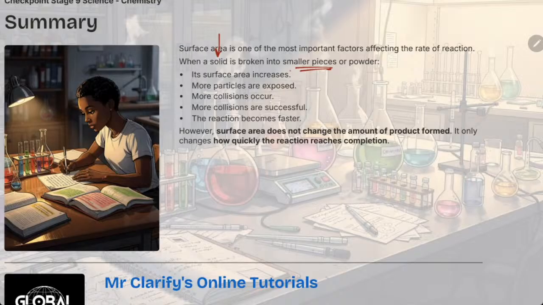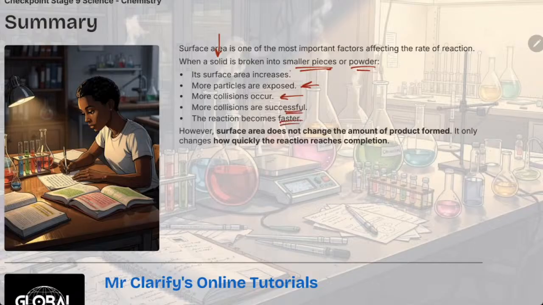When a solid is broken into smaller pieces, its surface area increases. And the more particles are exposed, which means there will be more collisions. Anyone with a question? And you have more successful collisions, your reaction will happen faster.